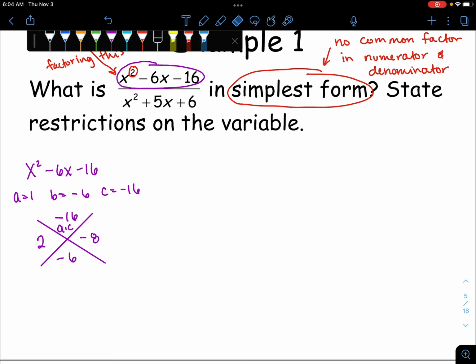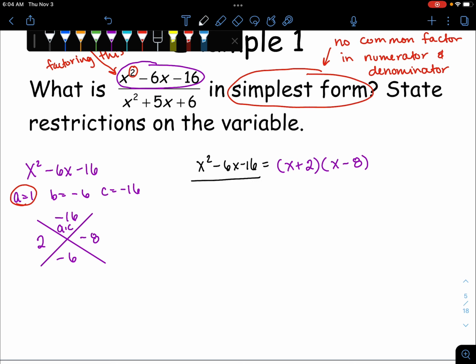Since a equals 1, I can just write it as x plus 2 and x minus 8. Okay, I got this plus 2 from here. I got this negative 8 from here. Because a equals 1. So let's move this over here. So it's x squared minus 6x minus 16.